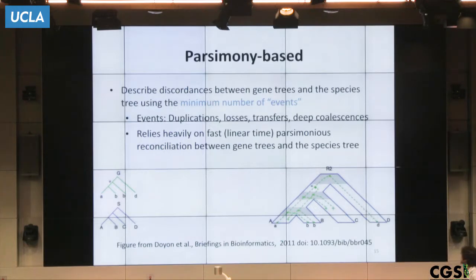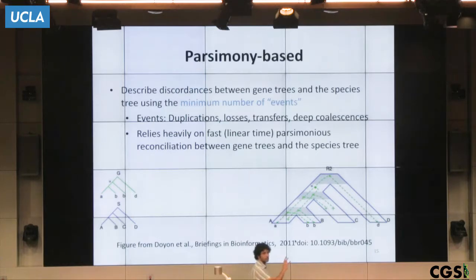So an example is shown here where your species tree is the thing shown in blue, and what you have in green is the gene tree, right? And we are mapping the gene tree to a species tree using one duplication event over here, right? And a bunch of losses, 1, 2, 3 losses.